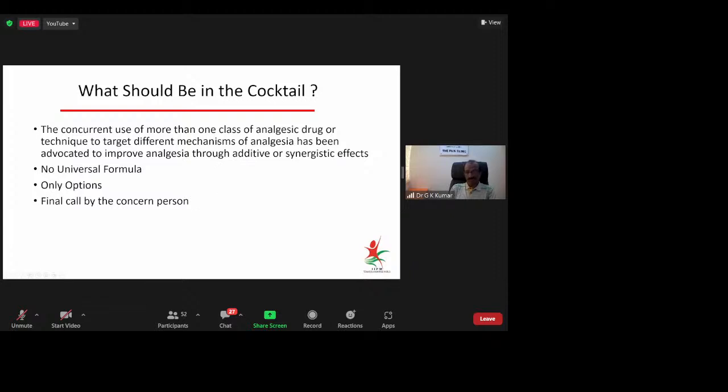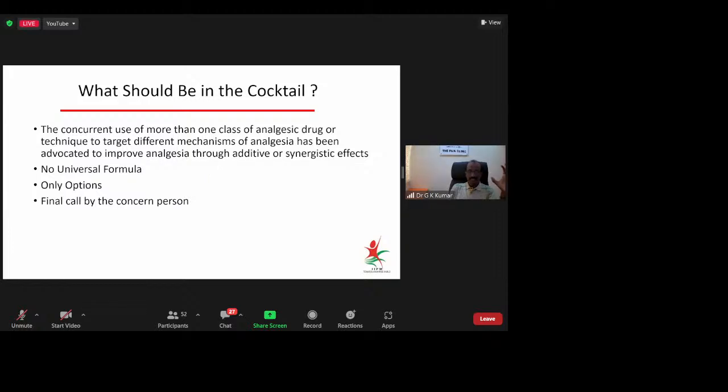It is the concurrent use of more than one class of analgesic drug or technique to target different mechanisms. When choosing the drugs, definitely don't choose two local anesthetics; choose a local anesthetic and an opioid. This has been advocated to improve analgesia through additive or synergistic effect. There is no universal formula because it should be patient-centric.